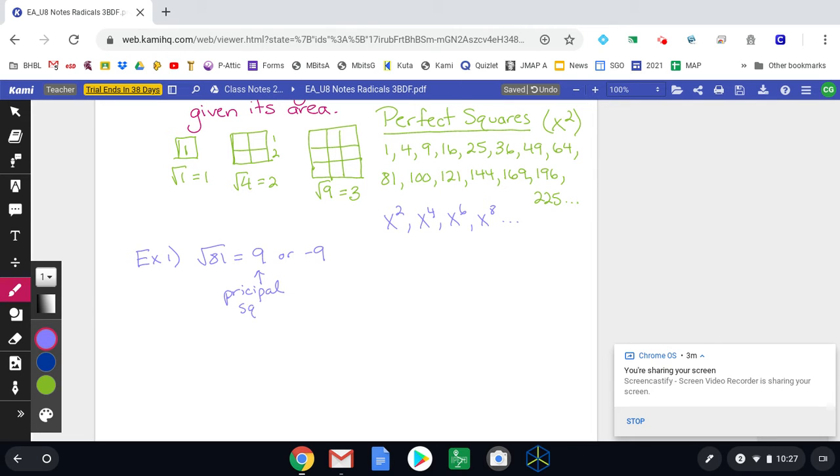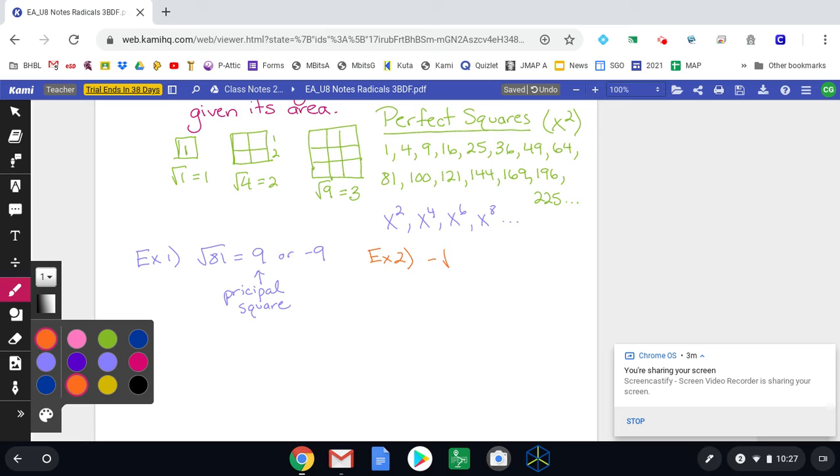So we're pretty much going to consider the positive one unless there's a negative on the outside of our parenthesis. So if I have something like negative square root of 144, well, I'm going to keep that negative there, and I'm going to say that that's negative 12, right?